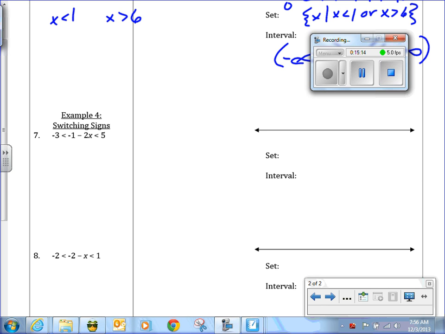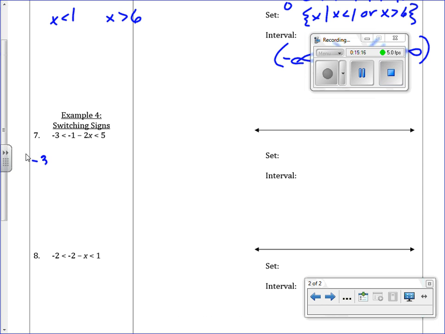So I'm going to rewrite this, and I'm going to have negative 3 less than negative 1 minus 2x, and negative 1 minus 2x less than 5. All right, so if we go through and solve this, I end up with 1 is greater than x, and x is greater than negative 3.